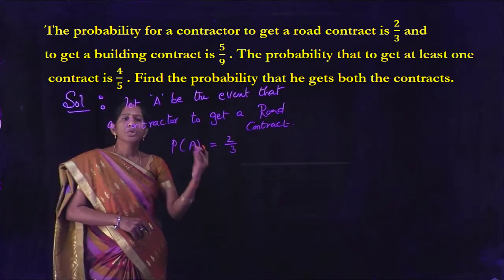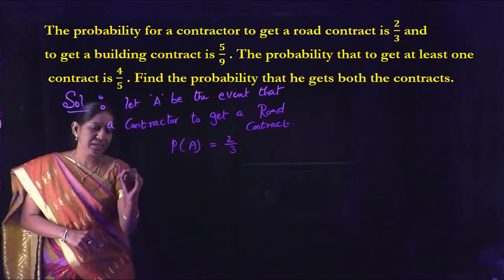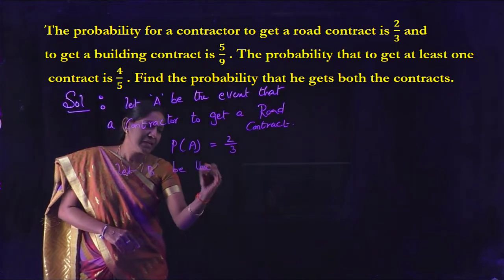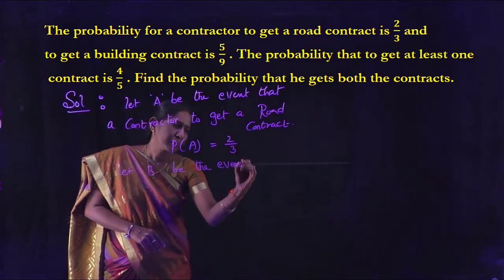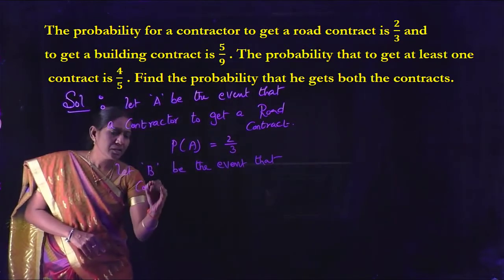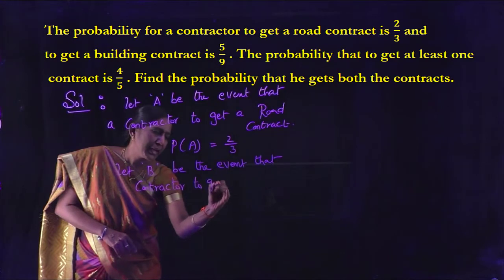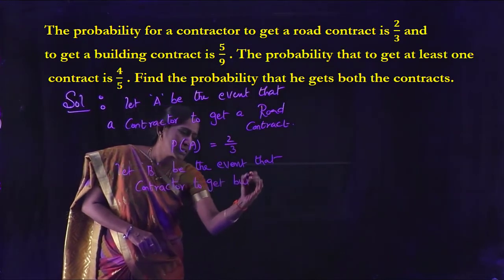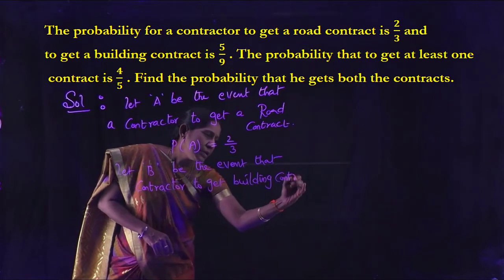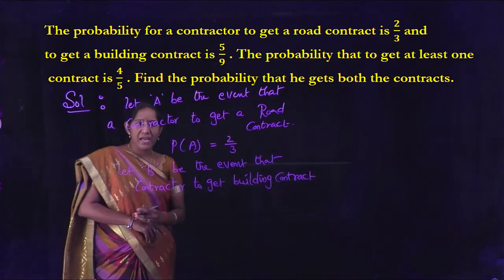And to get a building contract is 5 by 9. So take it as event B. Let B be the event that a contractor gets a building contract. This probability is given by 5 by 9 here.